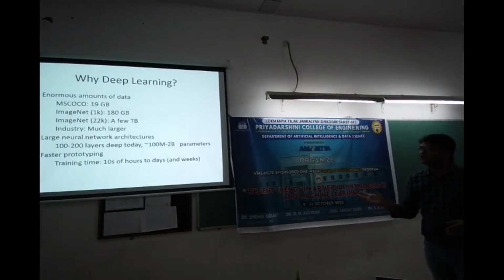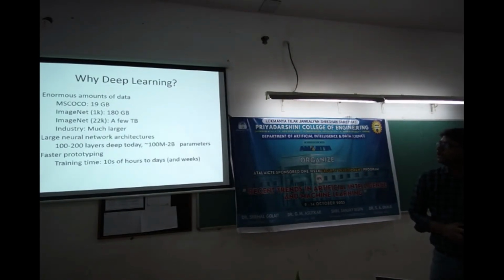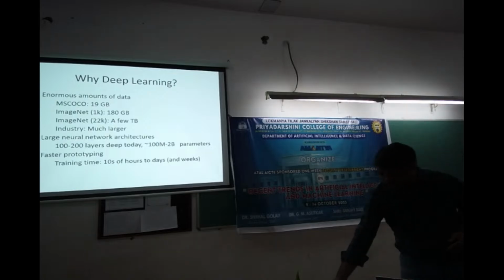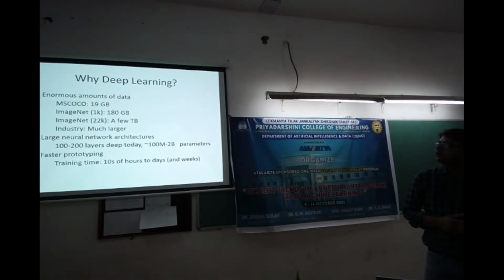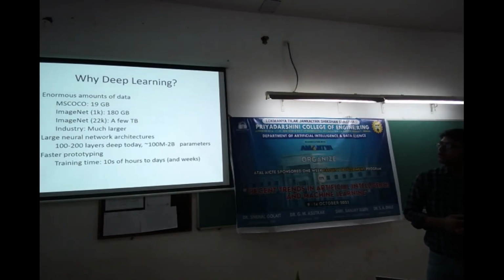If we consider the statistical side, see the size of the data. If we consider the MS COCO data set, that is 19 GB. Then ImageNet, which is once again a classification kind of data, is 180 GB in size, and the larger version of ImageNet, the 22,000-class one, is a few terabytes of data.